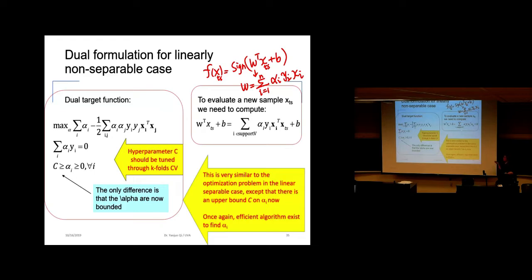And I'm going to talk later about how the majority of the alpha_i are 0, which makes the computation really only related to those alpha_i that are not 0, which contribute to the prediction function.